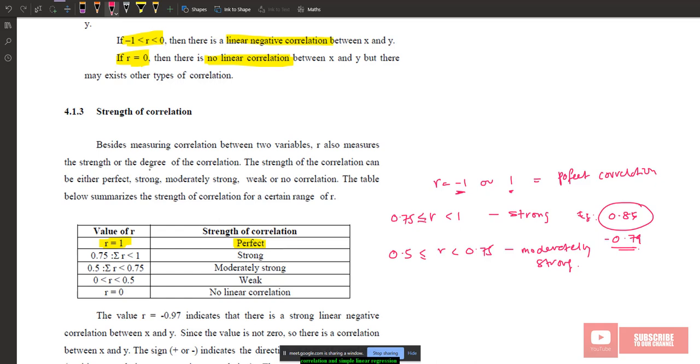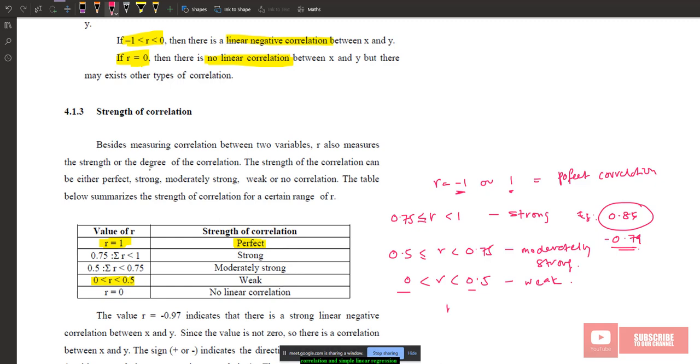When you have a positive value, moderately strong positive correlation, right? When the value of R is between 0 and 0.5, where 0 and 0.5 are not included, it has a weak correlation, right? Disregard the negative sign. When you have a negative value, weak negative correlation. When you have a positive value, weak positive correlation.